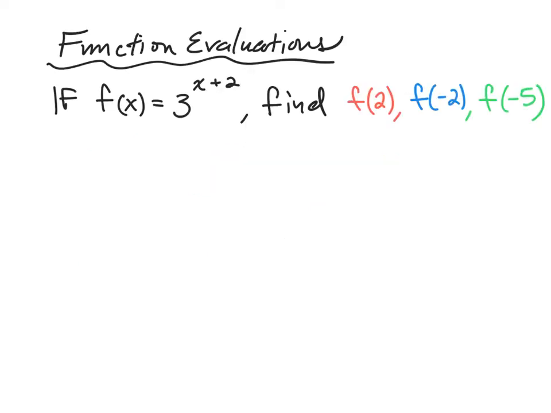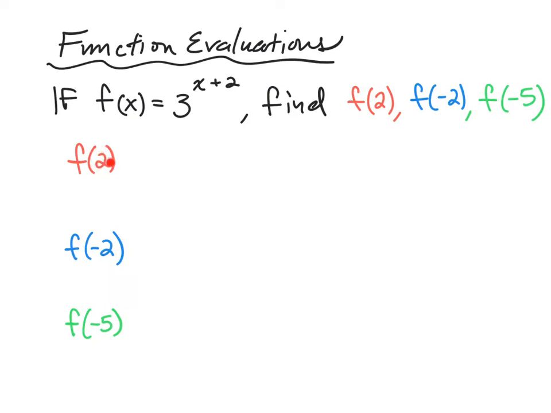Function evaluations. Here we have a function, f of x is equal to 3 to the x plus 2 power. Yeah, we can add numbers in the exponent too. Then we should be able to find f of 2, f of negative 2, and f of negative 5. So here I have these all set up, and it's just like every other function we've done.